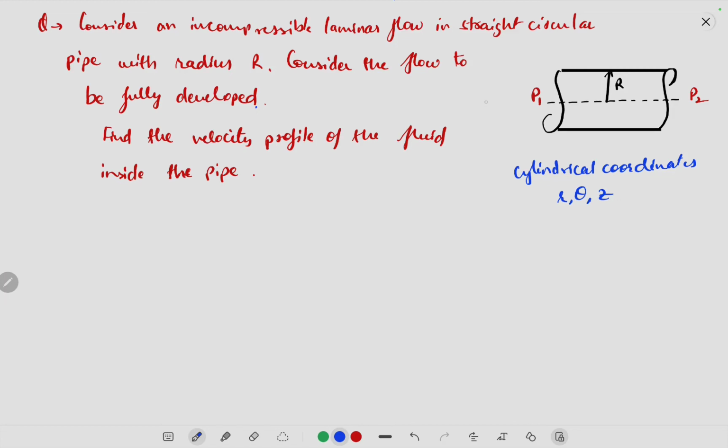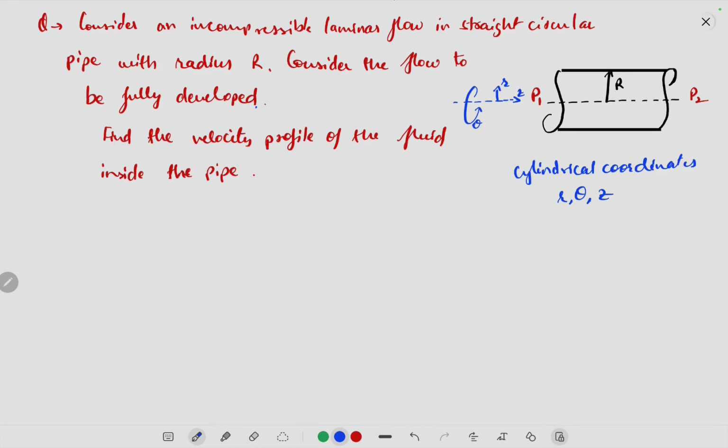So in this case, let's say r is like this, z is like this, and theta is like this. Okay, so I hope the concept of cylindrical coordinates is clear to you, that what is r, what is theta, and what is z.